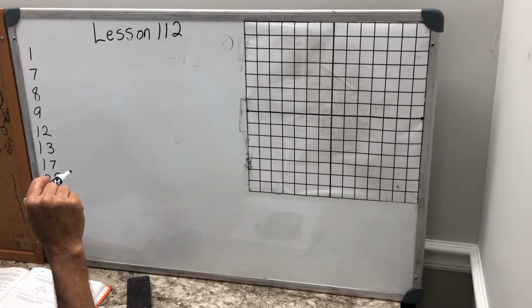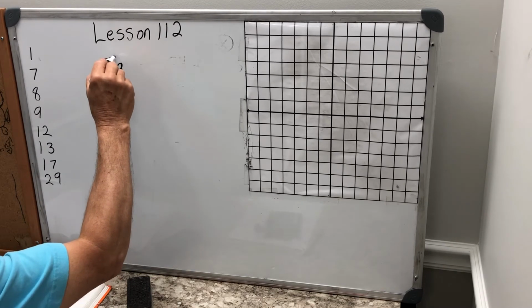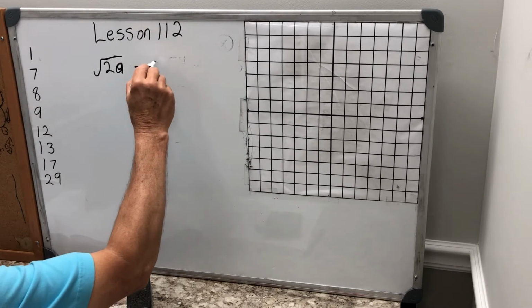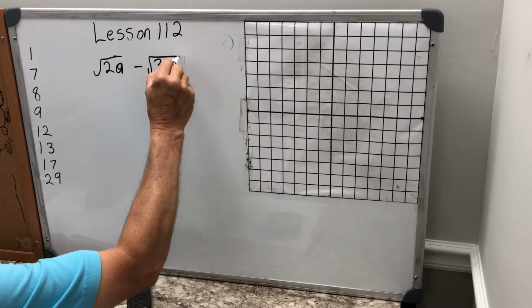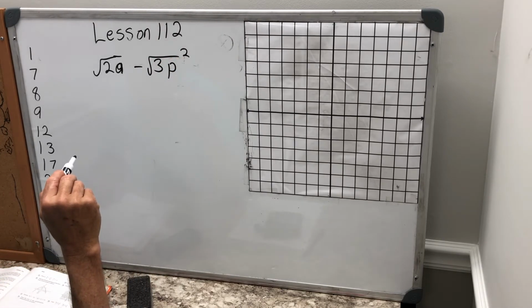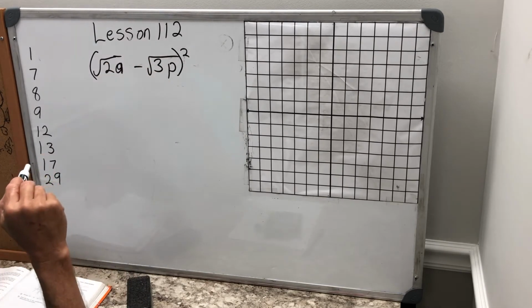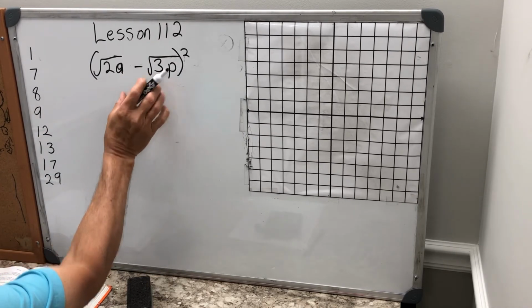B says, this is what we have here. 2A negative 3P, all of that squared, which means that this times itself, right?